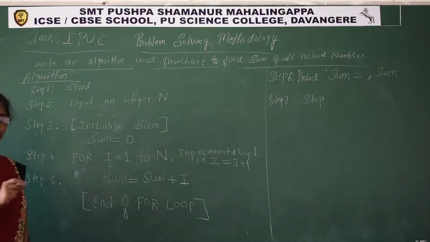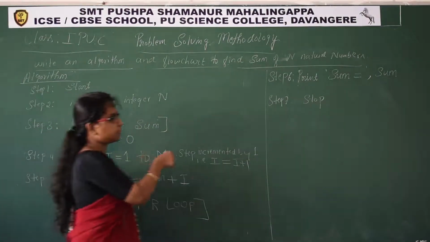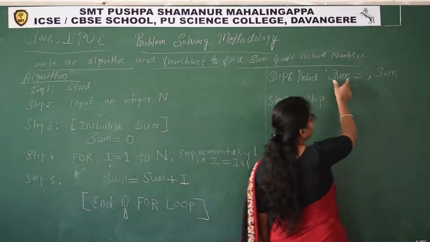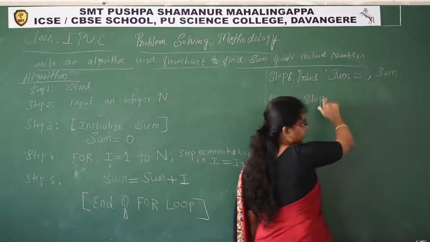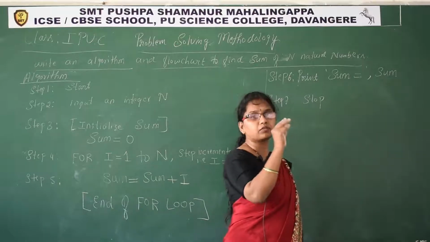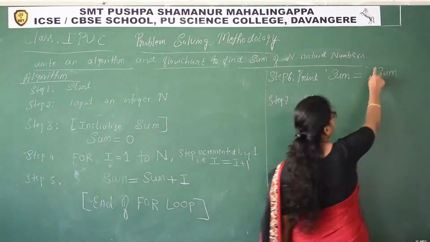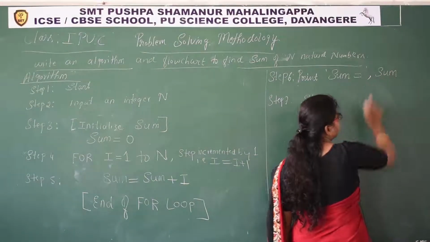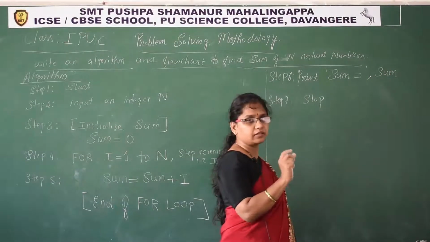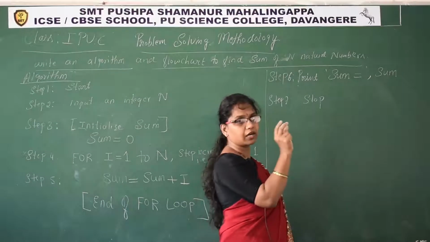In that format also you can display. So I have taken a simple text here. Sum is equal to, it displays as it is. In front of that the value of sum has to be displayed. So I should not write single quotes here. I must write the identifier name itself. Then it displays the value.